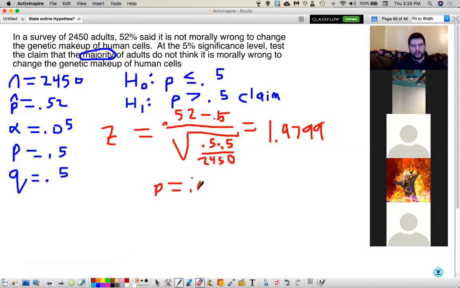P is 0.0239. And we compare that to alpha. P is less than alpha, we reject the null.